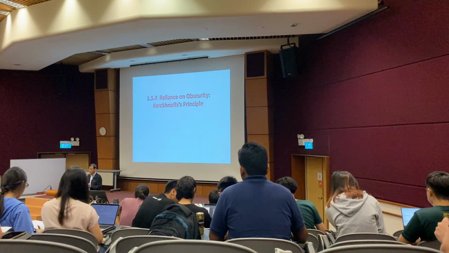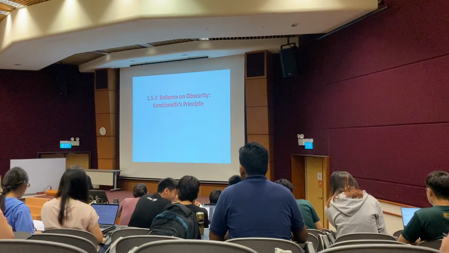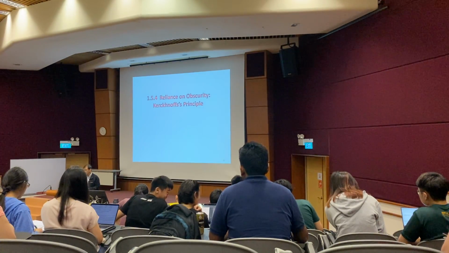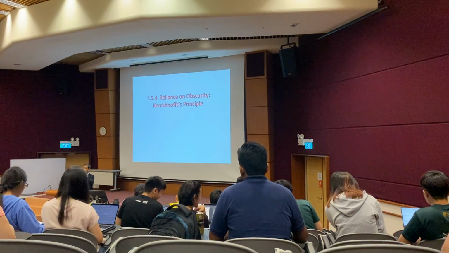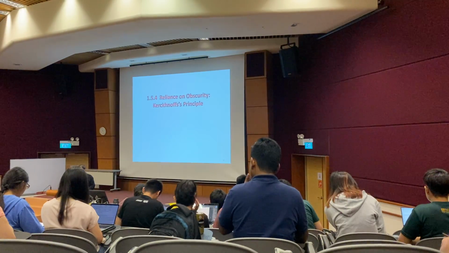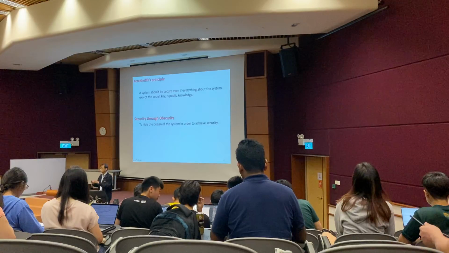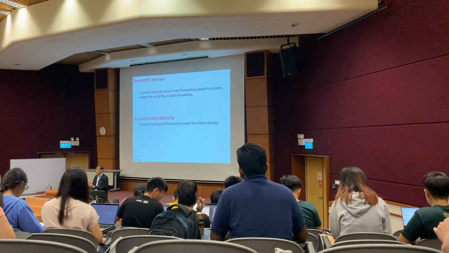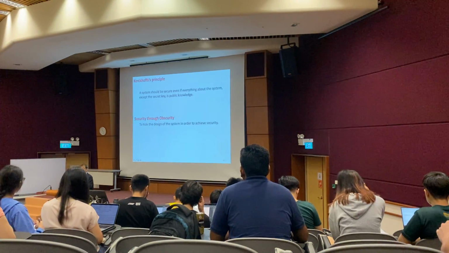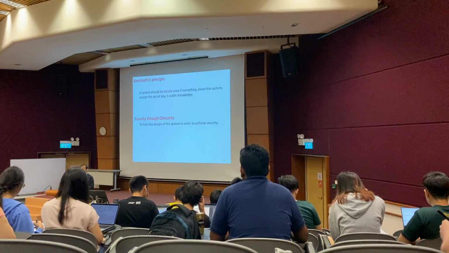Okay. There's also something called Kerckhoffs's principle, and obscurity. There are two ways to protect a system, two principles. One way is called security through obscurity, which means that to protect the system, you don't tell people the details of the system.